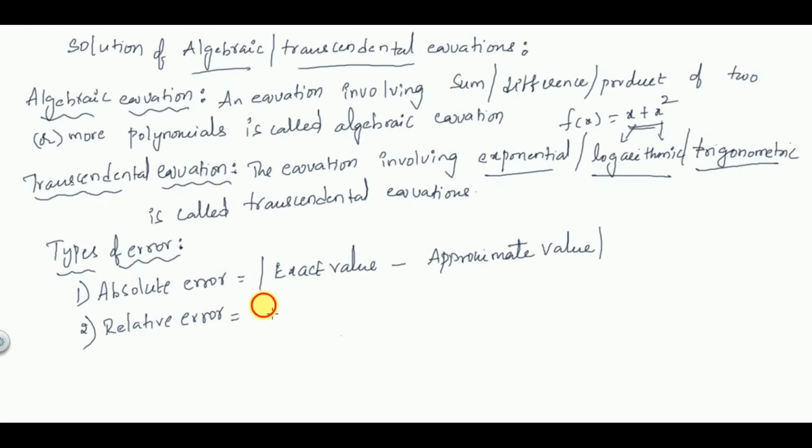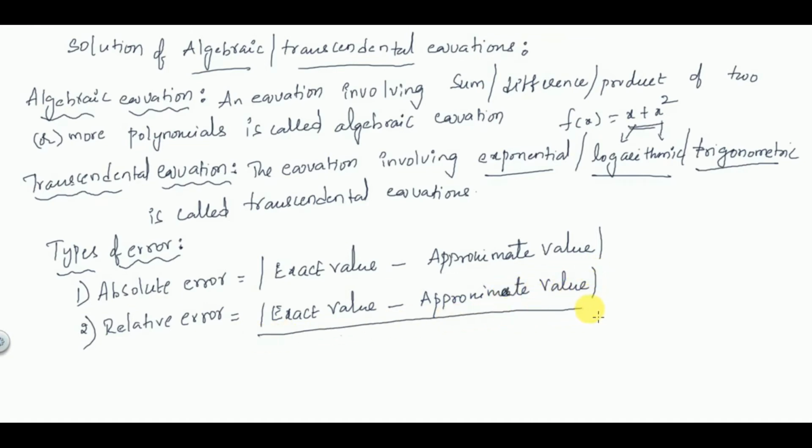Relative error is the modulus of exact value minus approximate value, divided by exact value.